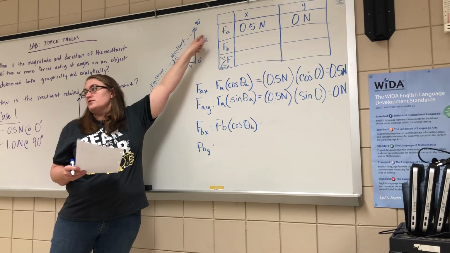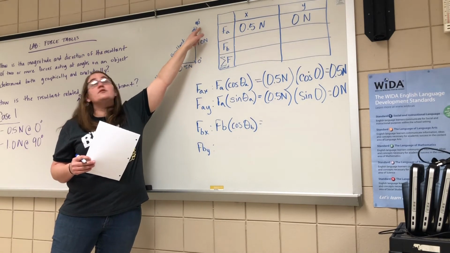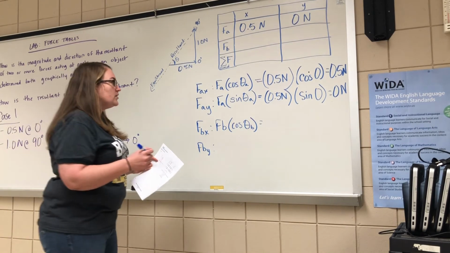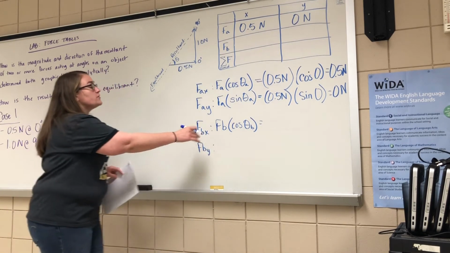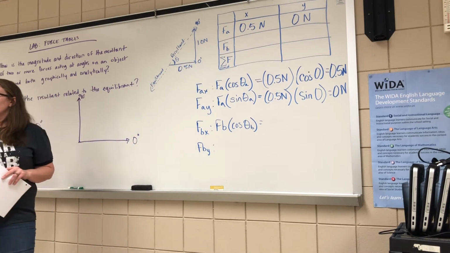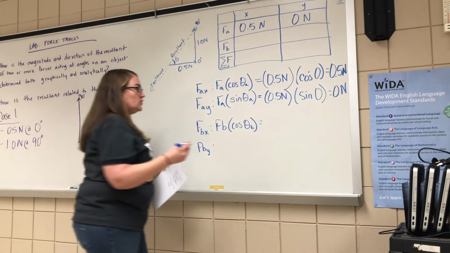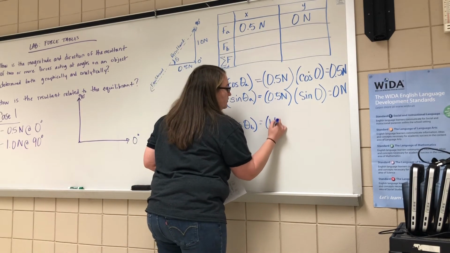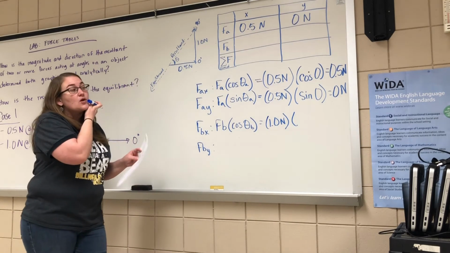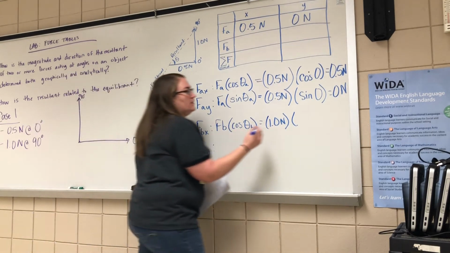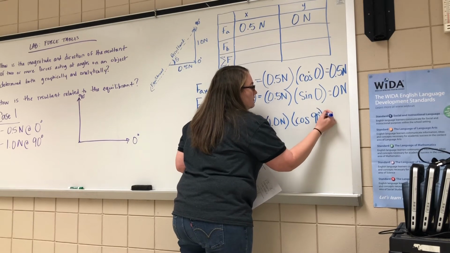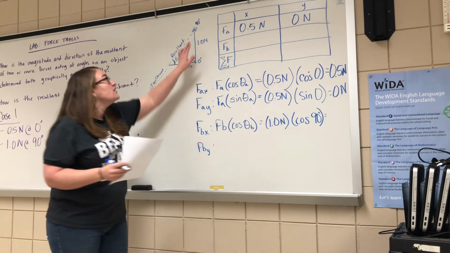Our second force. What degrees are we looking at? 90. All right, so we're going to put in our force. What is our force for the second one? 1. All right, so we're going to do 1 newton, plugging in for our force, times horizontal, we use cosine, and we're going to use the angle here, cosine 90 degrees.